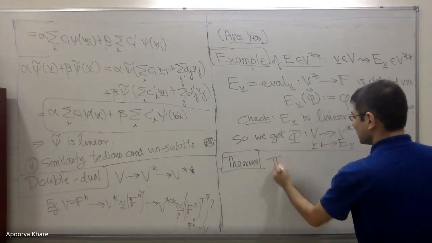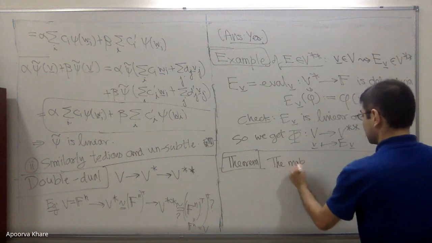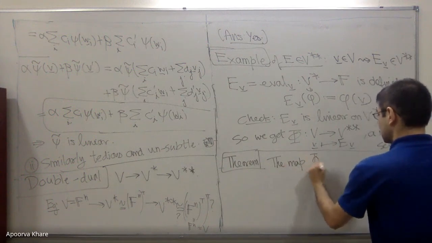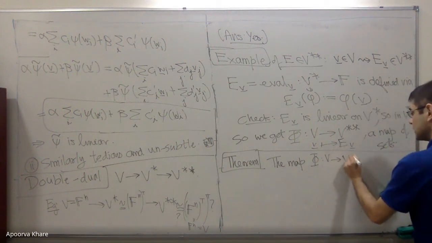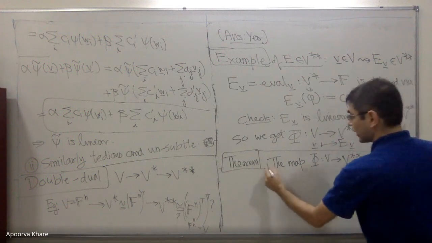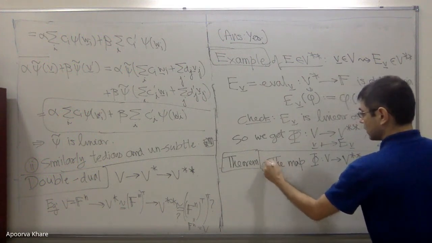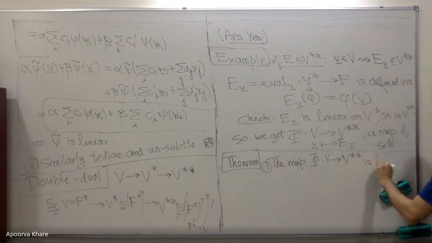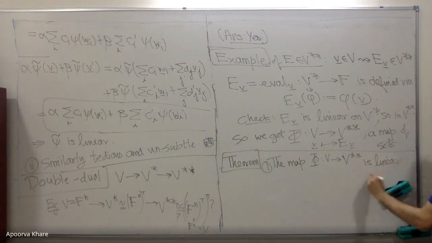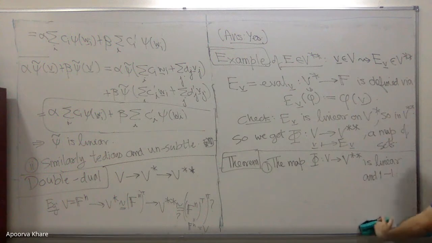The map phi from V to V star star. So this is part 1. The map phi is linear and 1-to-1. Okay?